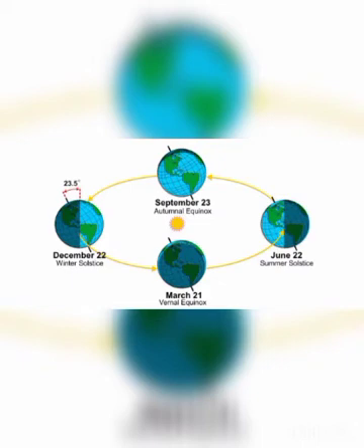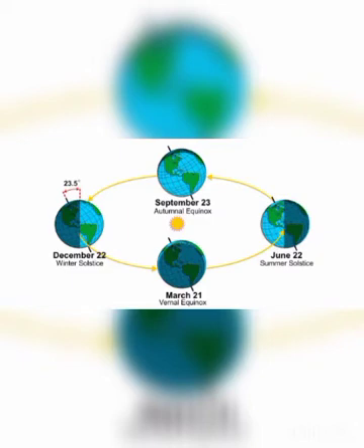At the same time, northern hemisphere summer means at the same time the southern hemisphere has winter. Can you understand, ma? Once again I repeat it. When the North Pole is inclined towards the sun, at the same time, the South Pole is inclined away from the sun.